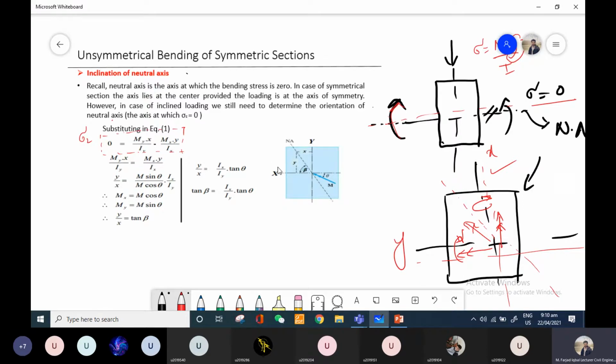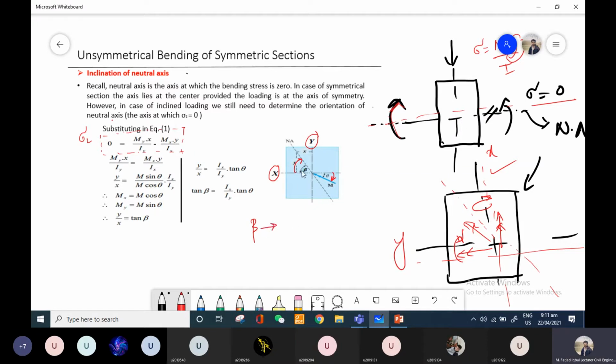Now look into this figure, this is x and this is y, and I have assumed that the neutral axis will have a clockwise angle with respect to the horizontal axis. And let's suppose that the resultant moment that was acting on this cross section is acting in the clockwise direction from the original horizontal axis.